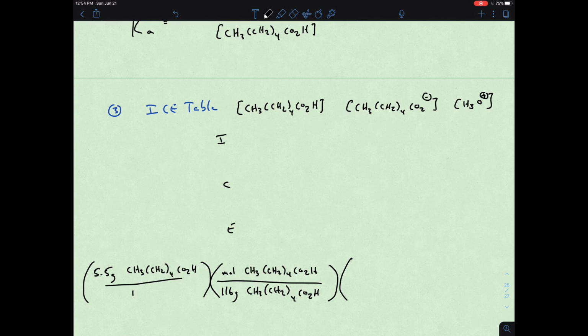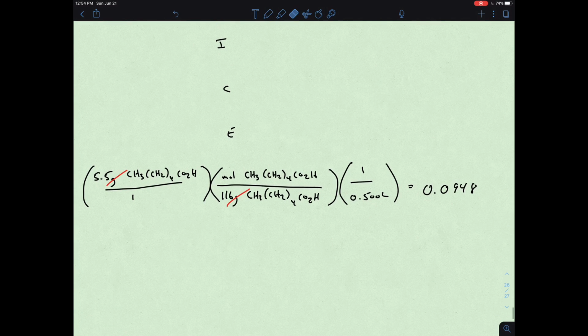And then we can divide by that volume that we were in, 0.5 liters of solution. So we're just doing a simple conversion to get out of mass and into moles, and then divide by our volume to get into molarity. And so we end up with a concentration of 0.0948 molar. And so that is going to be our initial concentration for the caproic acid.